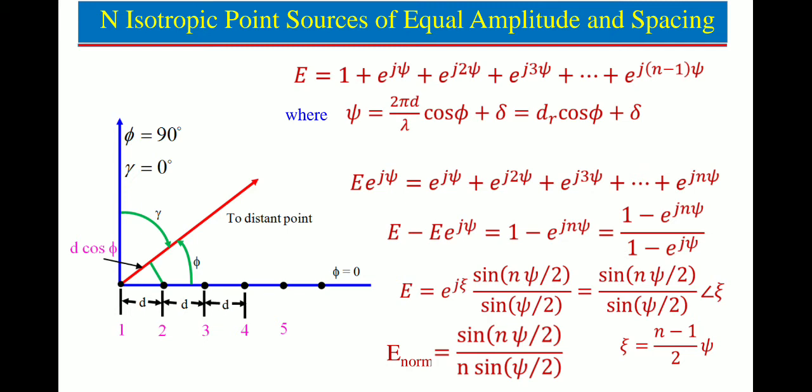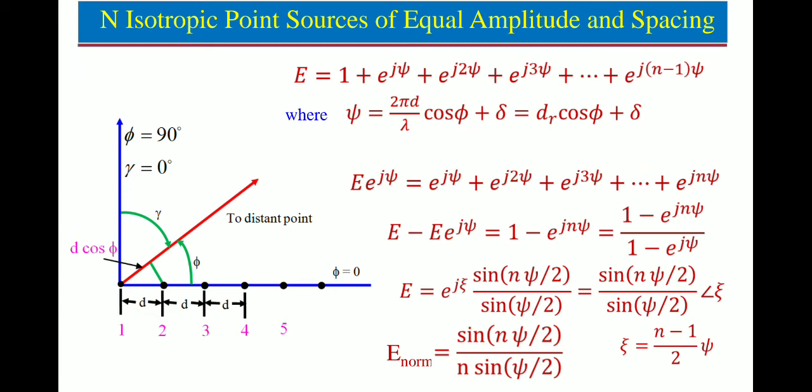So at the last, the electric field intensity E is equal to e raised to j epsilon sin n psi by 2 by sin psi by 2. Similarly, sin n psi by 2 by sin psi by 2 for the unit epsilon.